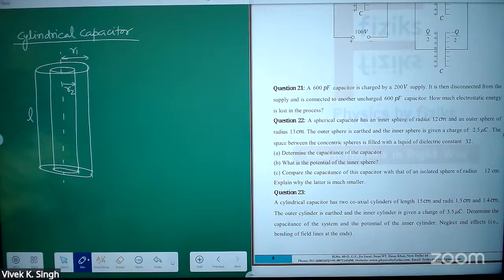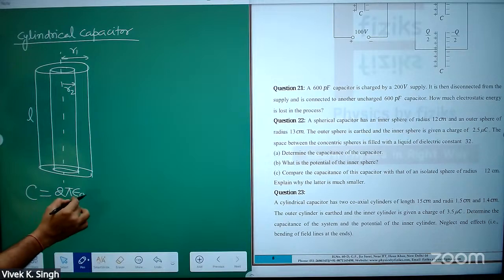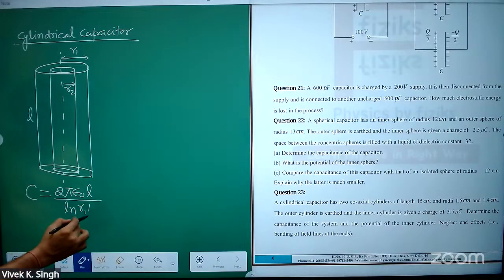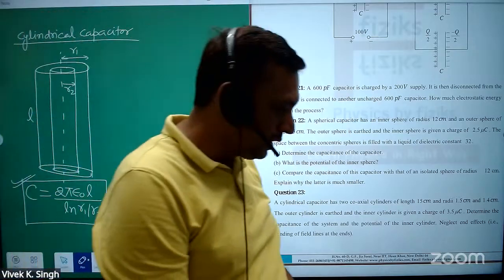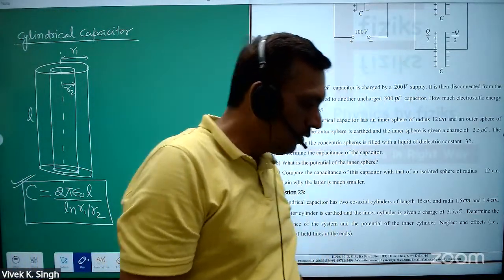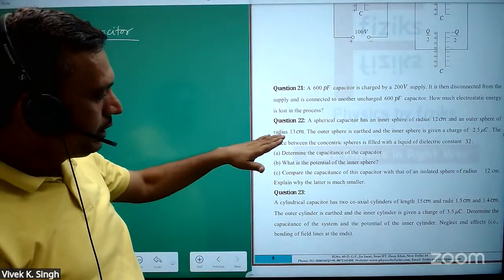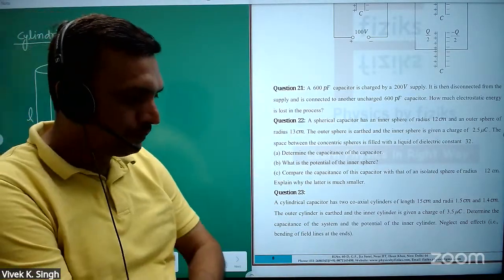Its length is L. So in this case, capacitance C is given by 2 pi epsilon naught L by ln R1 by R2. So you have to use these two results, and then you have to solve question number 22 and 23.